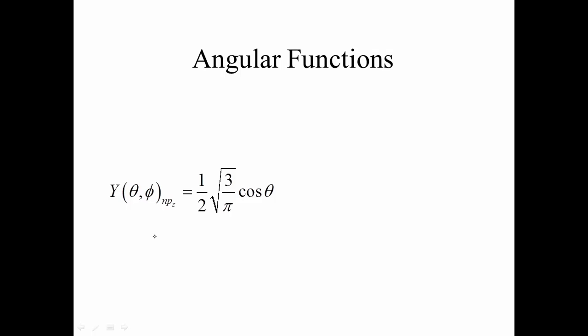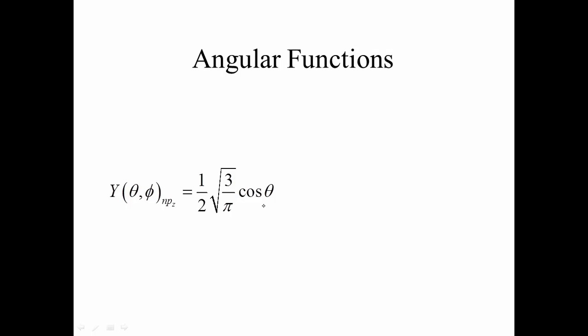Now let's look at the angular portion, which depends on theta and phi, those angles from the z-axis and the x-axis. The angular portion can be solved, for example, with one solution being this one here, which is for the pz orbital.